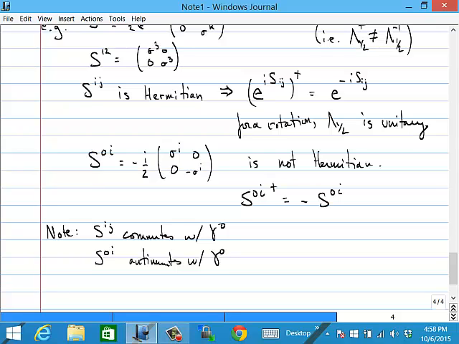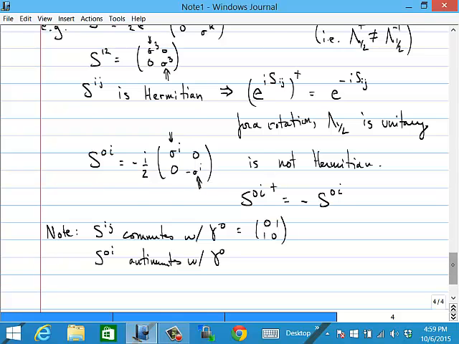Remember that gamma 0 is just the matrix 0, 1, 1, 0. So the statement that Sij commutes with gamma 0 is the statement that this entry up here is the same as that entry down there, whereas the statement that S0i anti-commutes with gamma 0 is the statement that this entry up here is minus that entry down there. So when you anti-commute S0i with gamma 0, you pick up an overall minus sign.